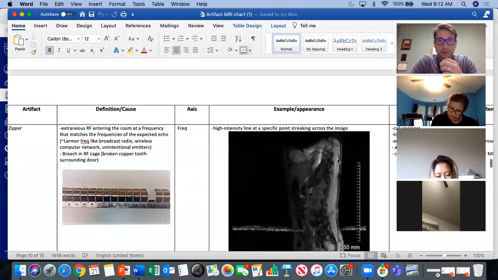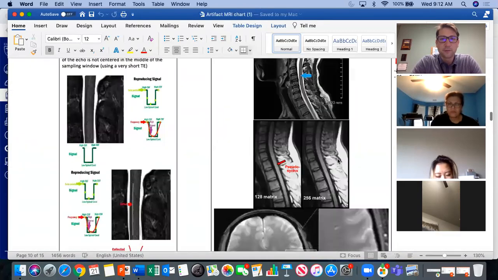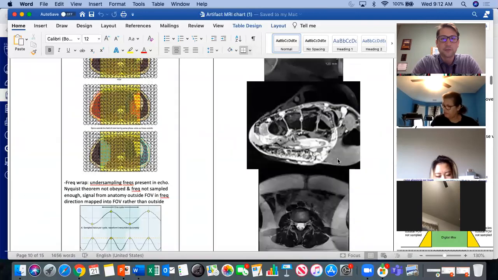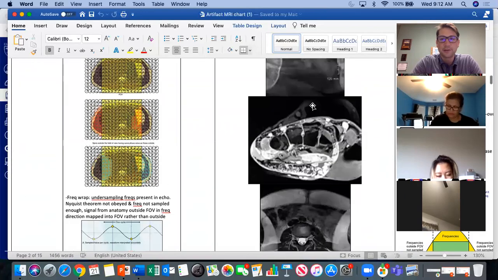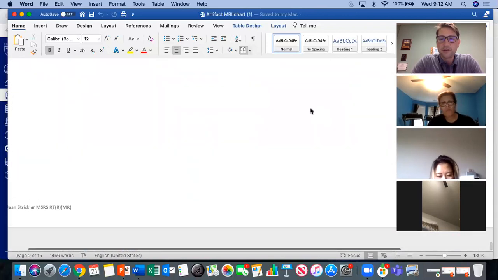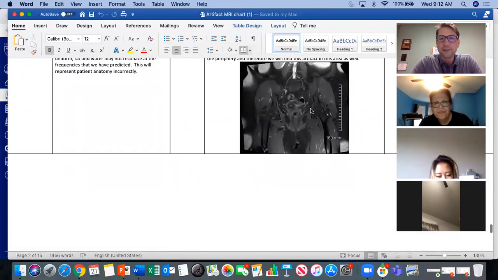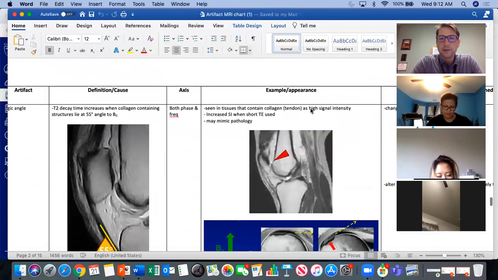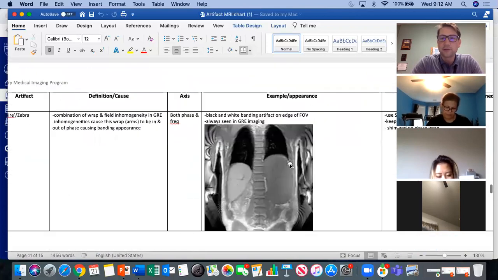So then let's talk about the other artifact that is incorporated, which is our phase wrap. That's why it looks like this, because just like before, if you have a field of view that is too small, the anatomy that is outside is going to wrap into our image. So it's actually the arms, which are laying right beside the body, that are wrapping in.